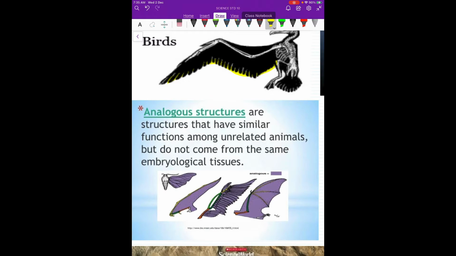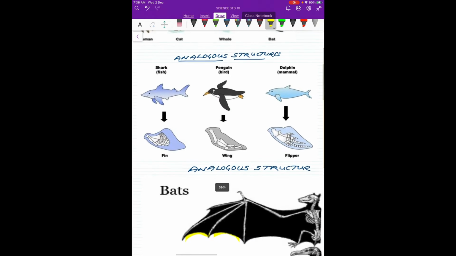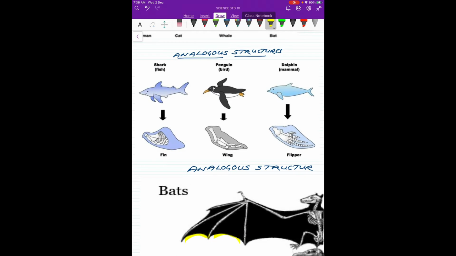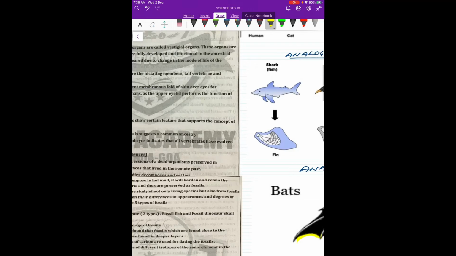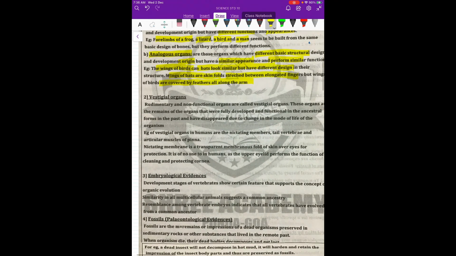They are structures which have similar functions among unrelated animals, but they do not come from the same embryological tissues, meaning they do not originate from the same design. Some other examples are the fin of a shark, the wings of a penguin, and the flipper of a dolphin. This is what are called analogous organs. They have similar appearance, but they have different features.